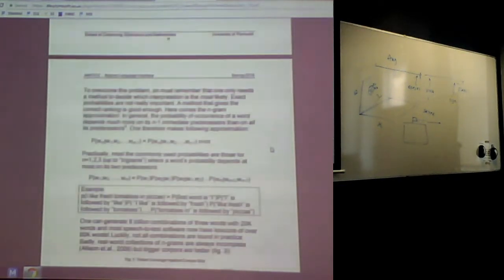And the simplification is, let's not look at all the words coming before. Let's just look at a small number of words. So you could say the chance that the last word follows m minus one words is not too different from the chance of the last word following a limited number of words, which is n, smaller than m. And in practice, people end up using trigrams.